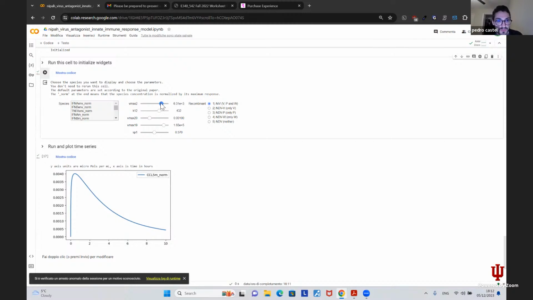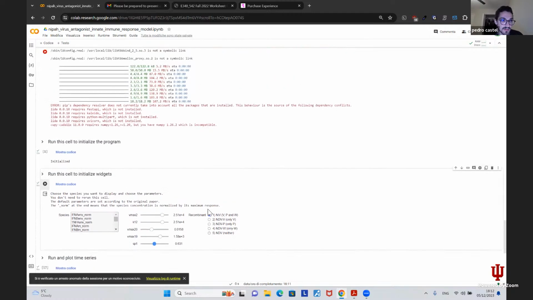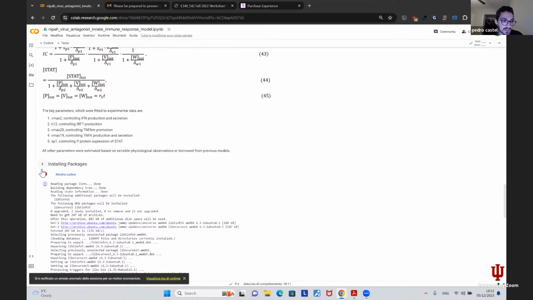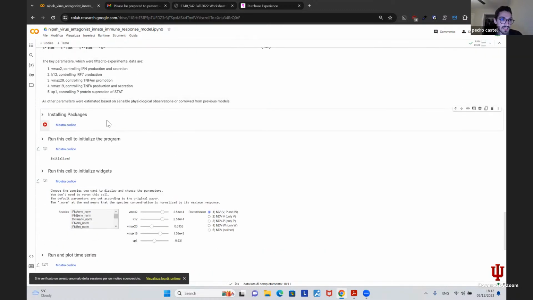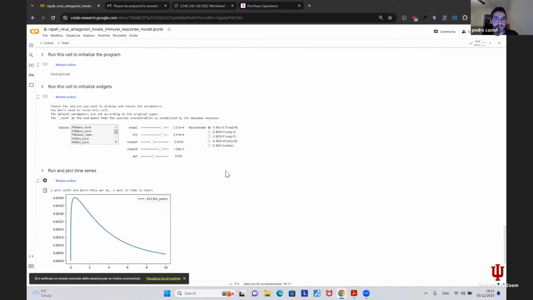So I chose logarithmically scaled sliders, and you can vary all of them at will. The only problem here, let me close this, is that the person has to refer back to what each parameter does, reading this cell over here. And this is all.